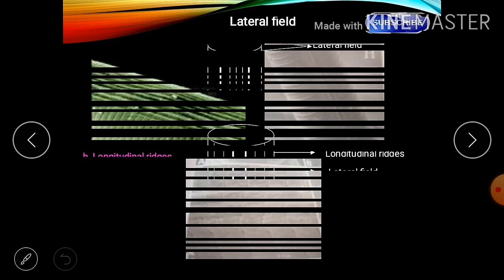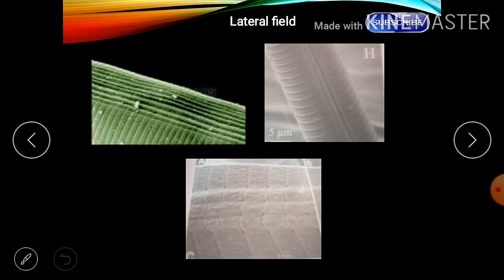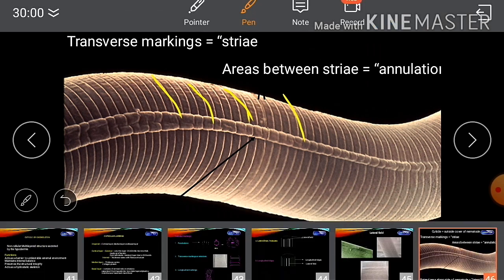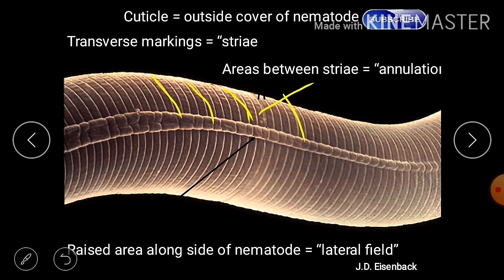Okay guys, this raised area, this center raised area, is known as the lateral field, and these are transverse striations. Here the transverse markings are here, and the area between the two striae is annulation.